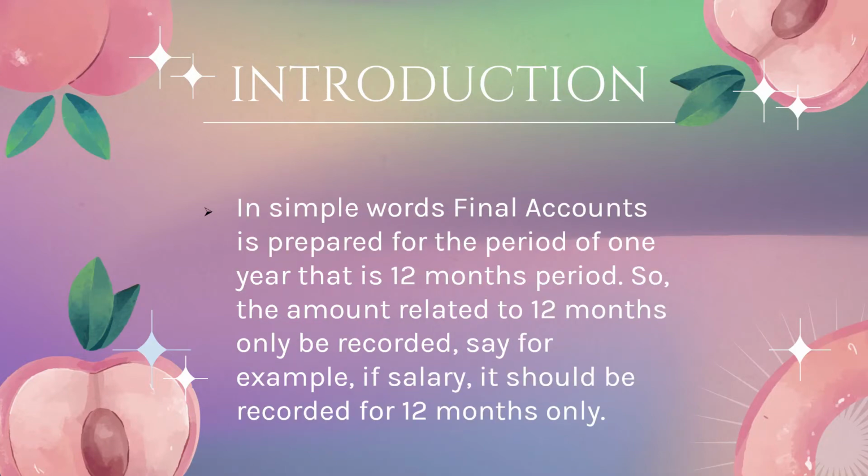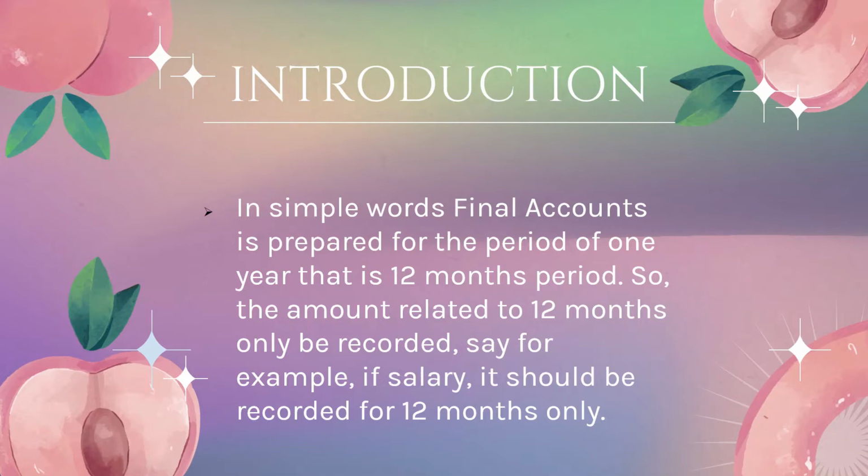In another simple way, I am saying one more time, final accounts is prepared for a period of one year, that is 12 months. So items related to 12 months should be brought into the books of accounts. Items related to next year should be subtracted, and should not be taken into consideration. We have to show only the transactions related to the 12-month period.